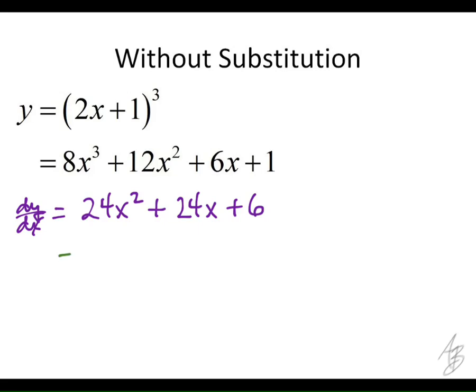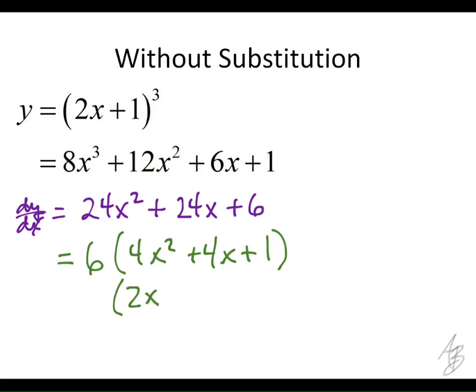Hopefully. Let's see. If I factor out a 6 here, then I would get 4x squared plus 4x plus 1. And that factors to 2x, nope, sorry, 4x plus 1, x plus 1. Did I do that right?